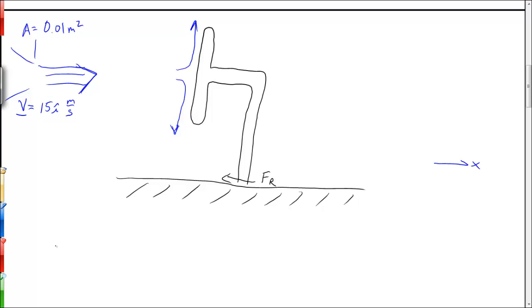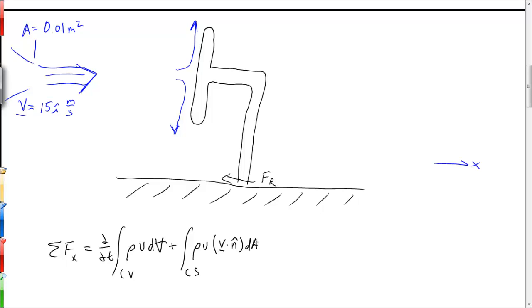And we can see that if we do that, we write the sum of the forces in the x direction is equal to d dt of the integral in the control volume of rho, I'm going to use u because u is the x component of velocity that we're used to using, dv, plus the integral over the control surface of rho times u, and then here we end up with v vector dotted with n dA again.